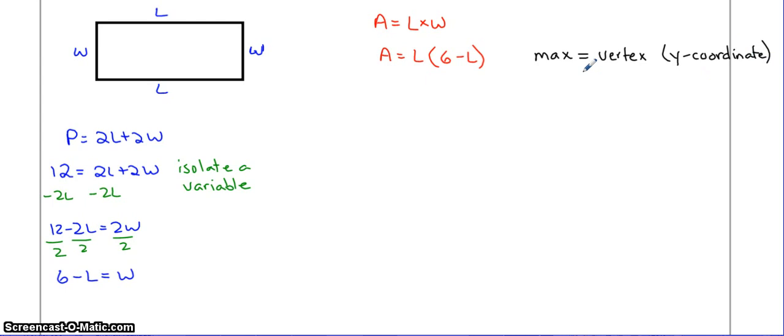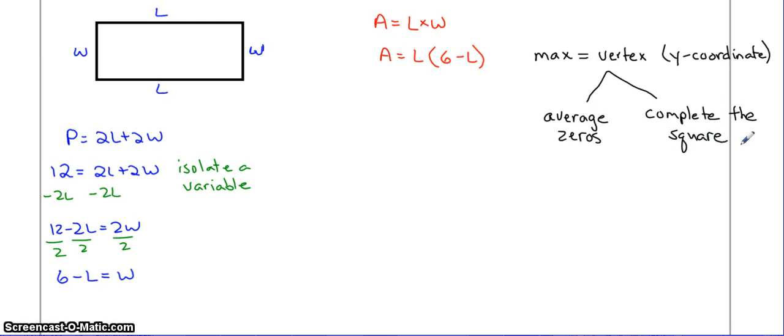In order to find the vertex, you have to do one of two things. You have to average the zeros, or you have to complete the square. Now, can you think of which one of these two would be easier?